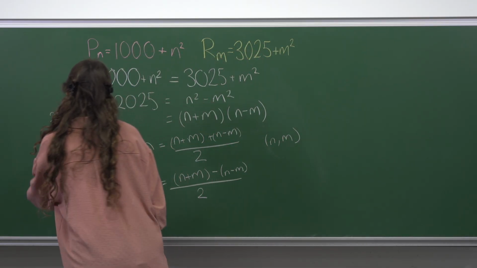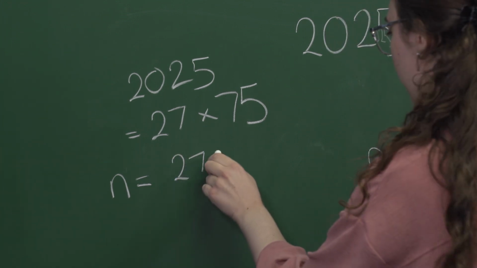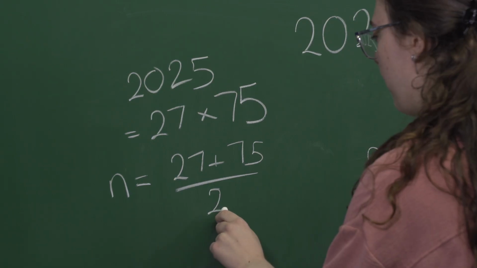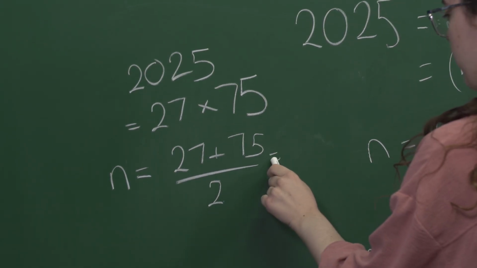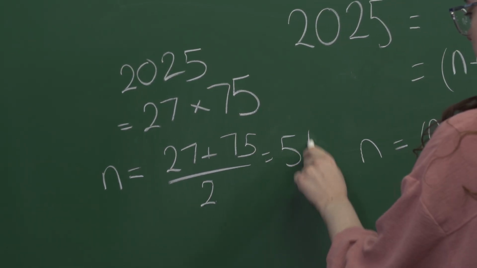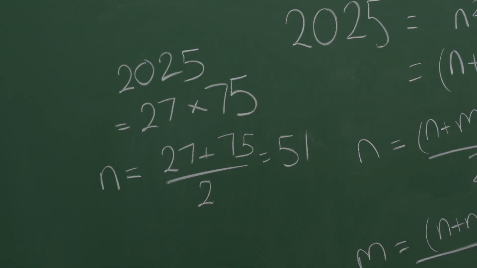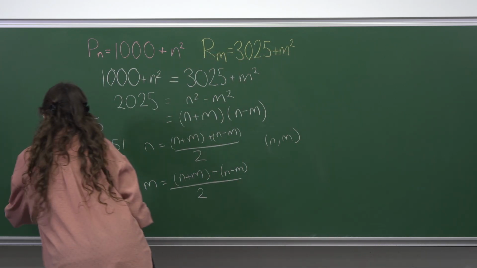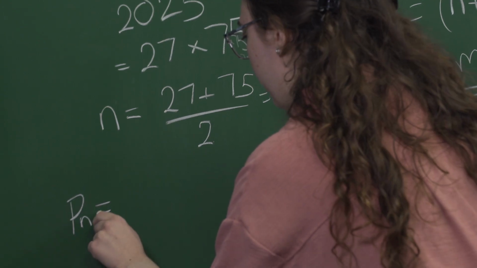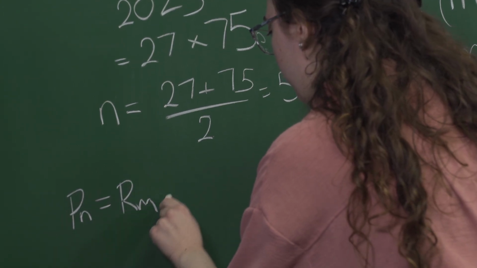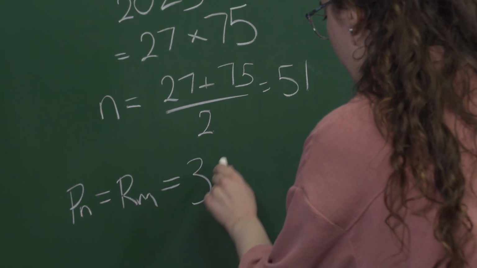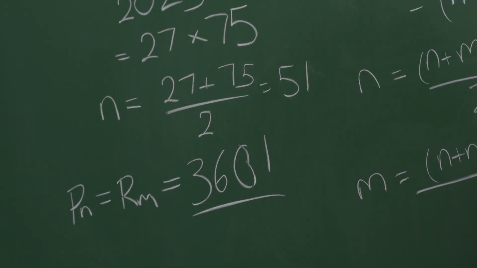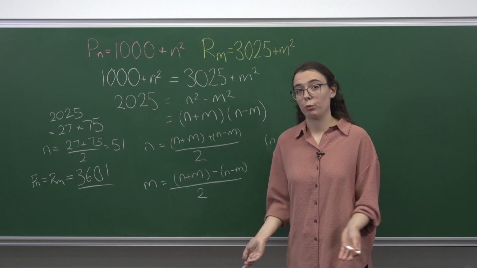We get that n is (27 plus 75) over 2, which is 51. And if we substitute that back into the formula for Pn, we get that Pn is 3,601.